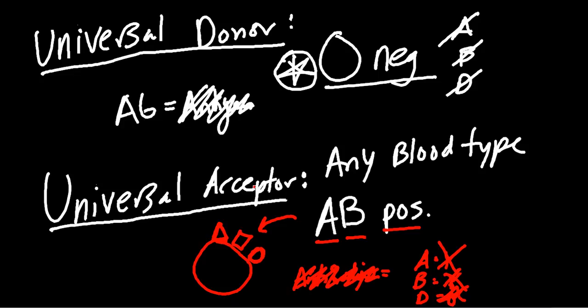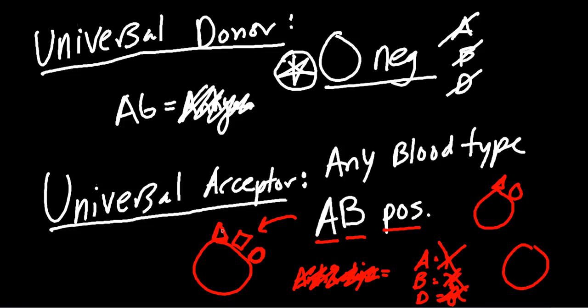So we can take any blood type. Let's say an A positive cell. We're going to have the triangles and the circles. Well, we don't make antibodies to those. They can also accept O negative. O negative is naked, has no antigens, but good, we don't make antibodies against it anyway. So the universal acceptor has all of the antigens present.